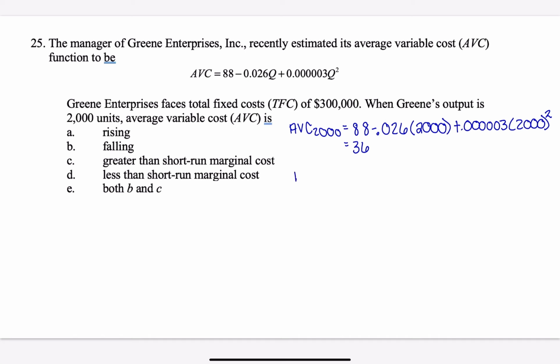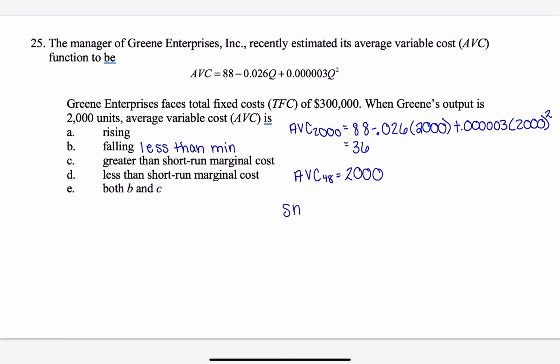Then we know that our average variable cost at our min was 48, and that was at 2,000. So we know that it's falling because it's less than the minimum.